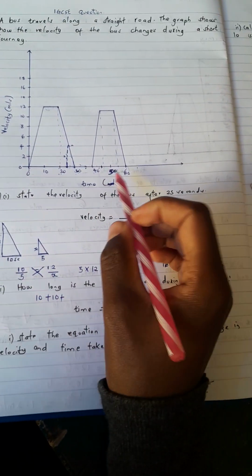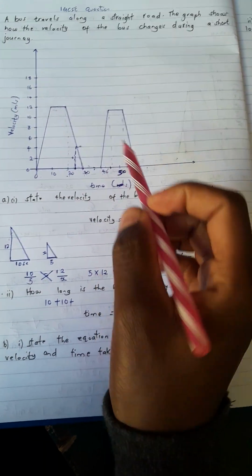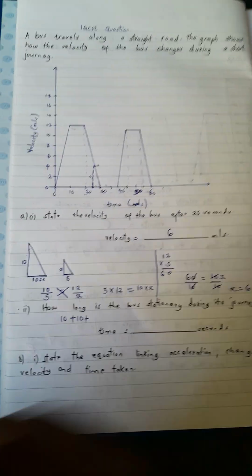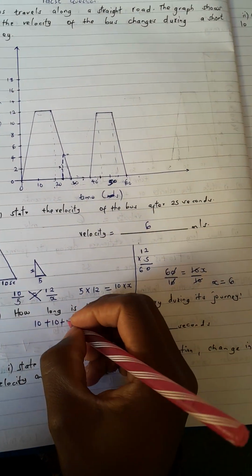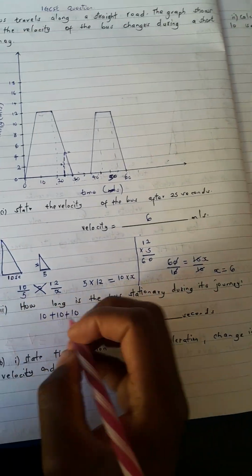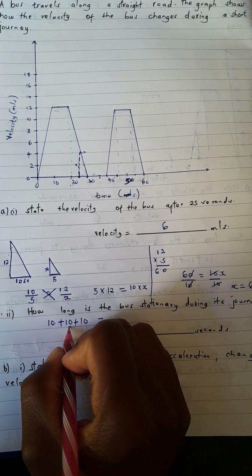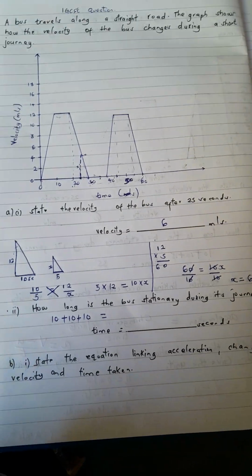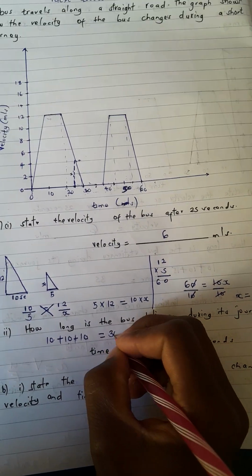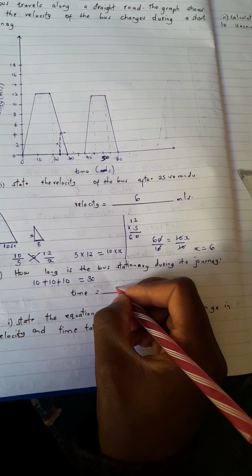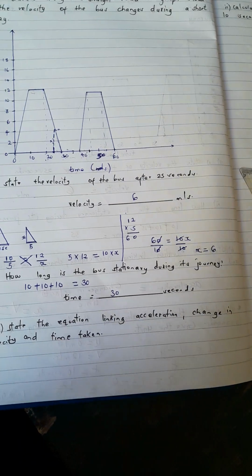This is 45 and this is 55. So 55 is a point of rest again. It's 55 minus 45, we get 10. So it is 10 plus 10 plus 10 equals what? 30. So it took a rest for 30 seconds.